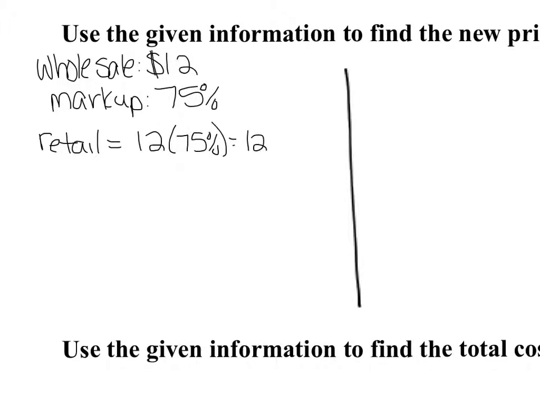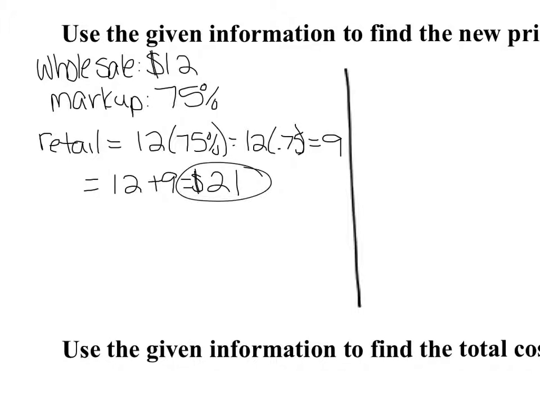So you're going to take 12 times 75 hundredths, and when you do that, you should get 9. Okay, so then I need to take $9 and add it to that original 12, because that's how much I'm marking it up. The $12 is how much I bought it for. So my retail price would be $21.